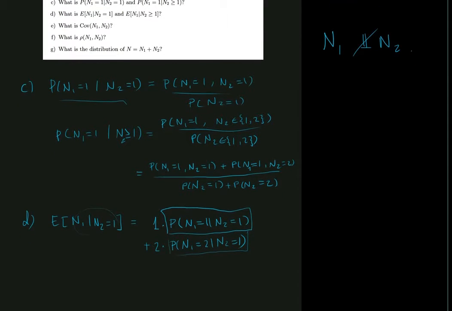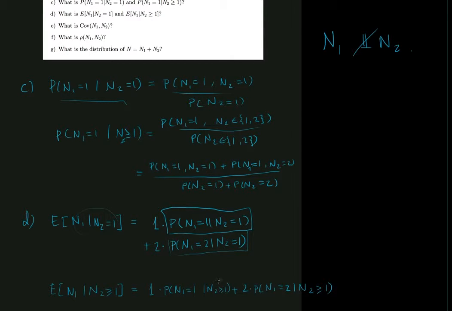The same case actually applies for the conditional expectation of N1 given that N2 is greater than or equal to 1. Because what we have here is 1 multiplied by the probability that N1 will be equal to 1 given that N2 is greater than or equal to 1, then added with 2 multiplied by the probability that N1 will be equal to 2 given that N2 is greater than or equal to 1.